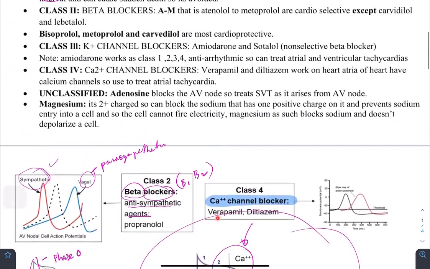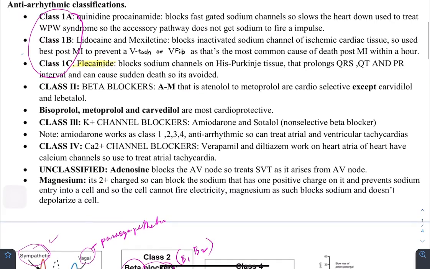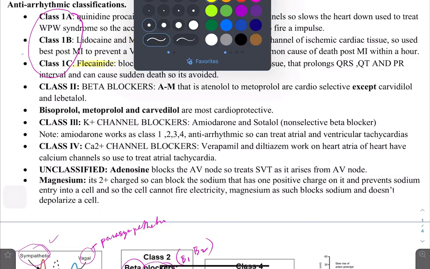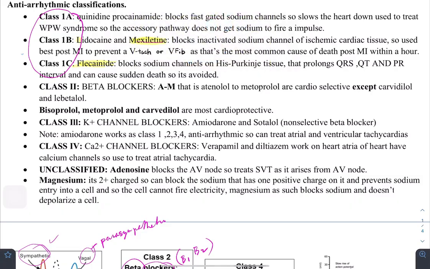The weakest one is class 1B. Again, they are sodium channel blockers. Good examples of them are your mexiletine and lidocaine.